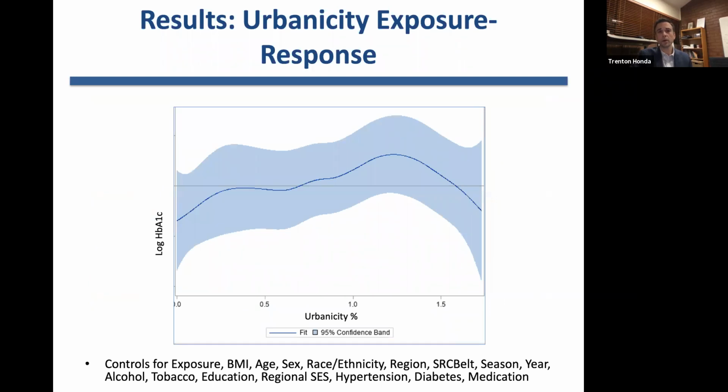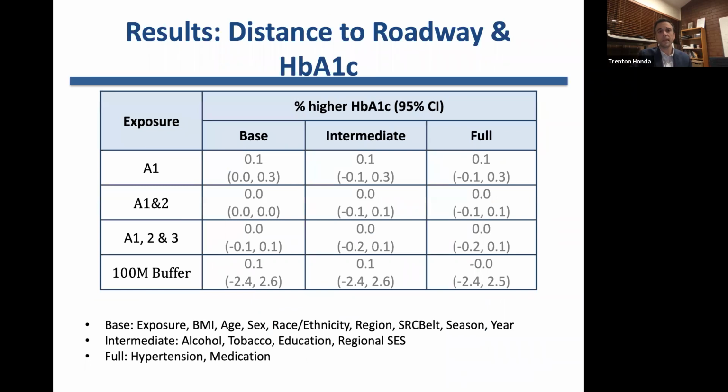If we look at the urbanicity hemoglobin A1C exposure response curve, we see that essentially we have a null result. We can draw a straight line through those confidence intervals. And consistent with our distance to roadway CRP results, we found that distance to roadway and hemoglobin A1C are non-significantly associated.